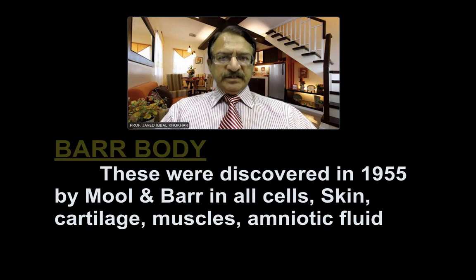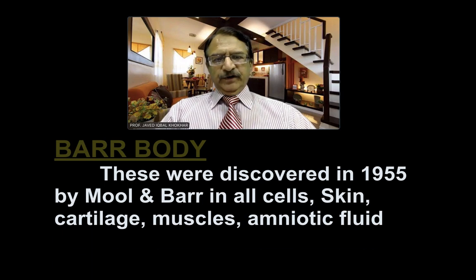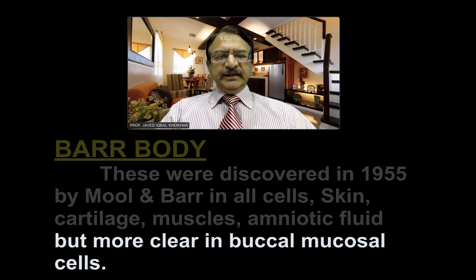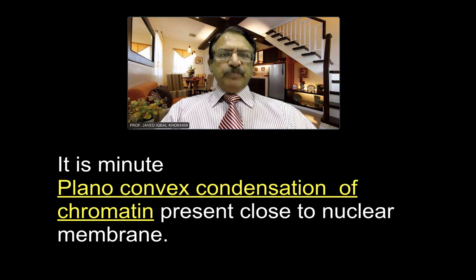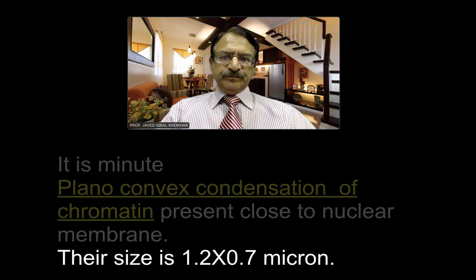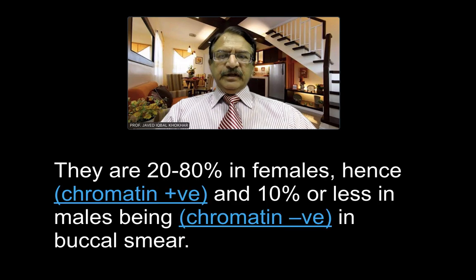What are Barr bodies? These were discovered in 1955 by two scientists, Moore and Barr, in all cells: skin, cartilage, muscles, and amniotic fluid, but more clear in the buccal mucosal cells. It is a minute plano-convex condensation of the chromatin present close to the nuclear membrane, and their size is 0.7 to 1.2 micron.